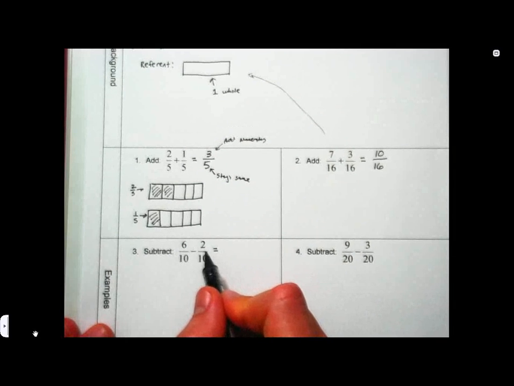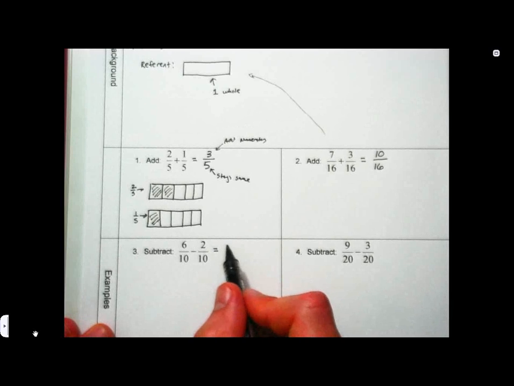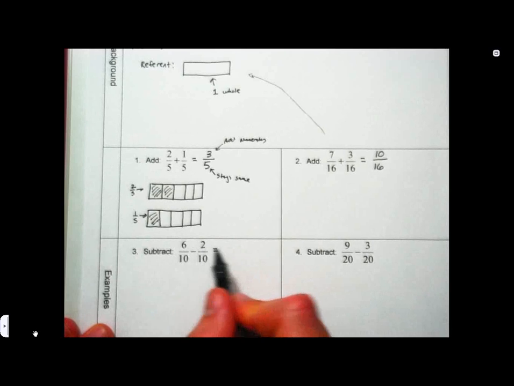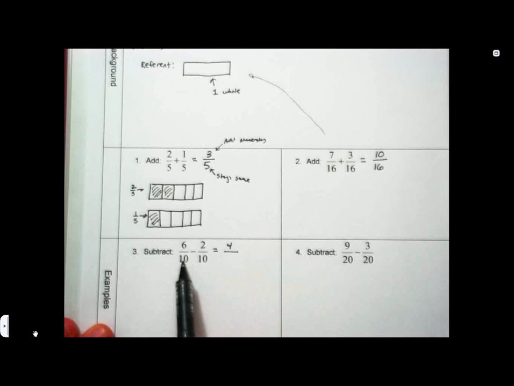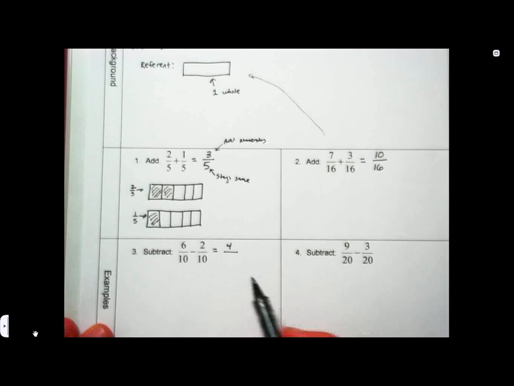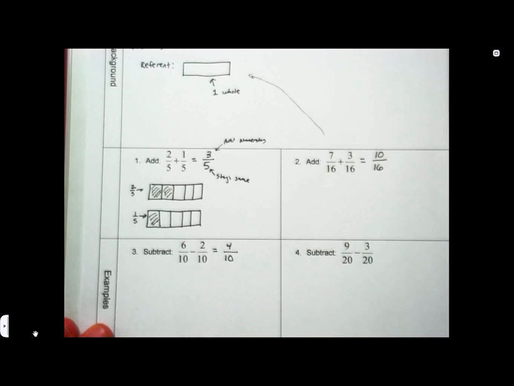It makes sense to do so because the 6 and the 2 represent pieces of the same size and shape. So what I would end up with is 4 pieces. And then my whole is cut into 10. So that doesn't change. I still have 4 pieces out of a whole that's cut into 10 equal size pieces.